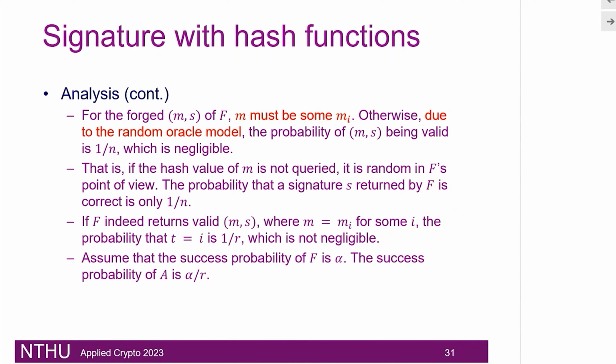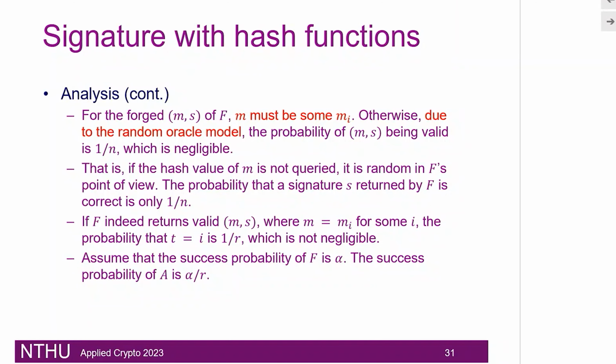We said that for the forged signature that the forger provides, M should be some Mi that we have queried to the oracle before. If he just provides a forgery of some message for which we didn't even query the hash function, then for the forger to correctly guess the output of the hash function is 1 over n, which is already negligible.